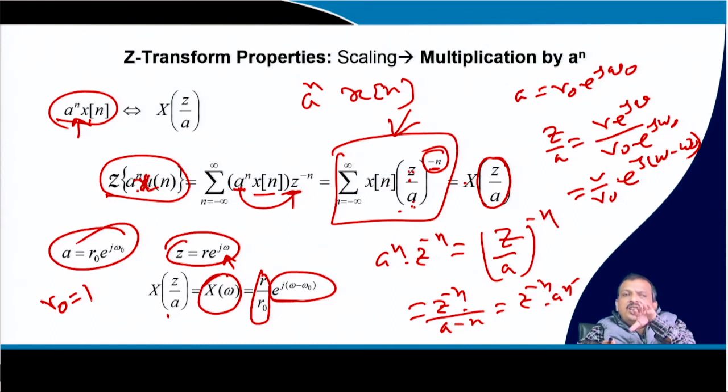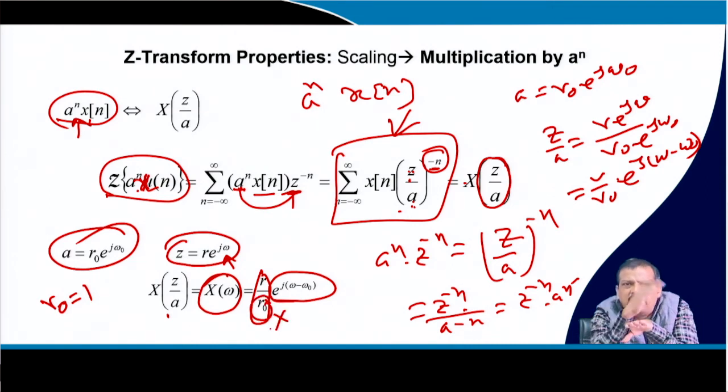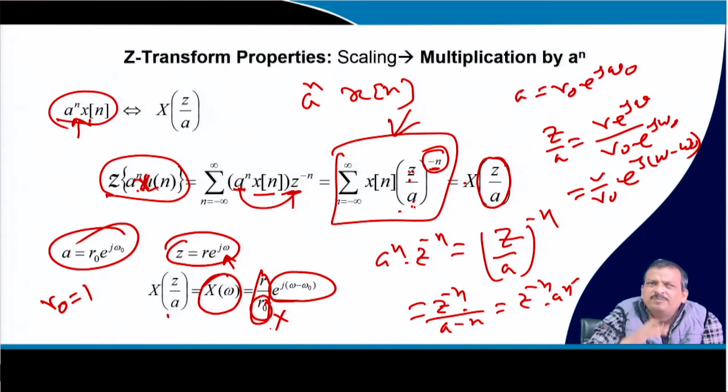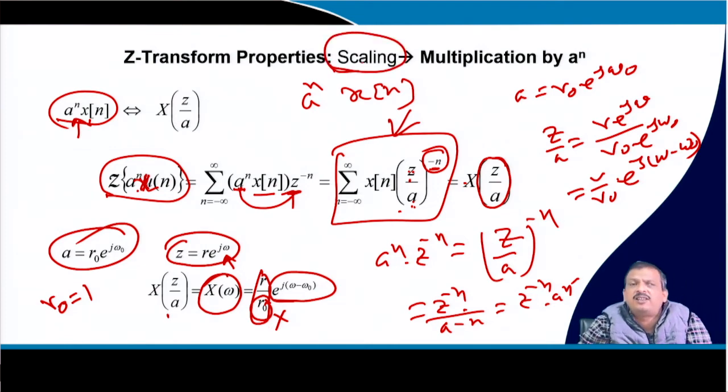If R0 is equal to 1, this amplitude scaling is not there, so only the rotating part is there. In Z domain it is rotating only, so shifting by omega minus omega 0. So that is called scaling, Z transform scaling.